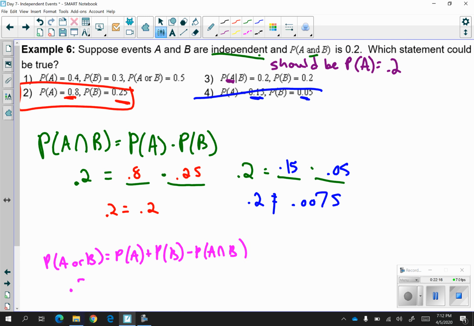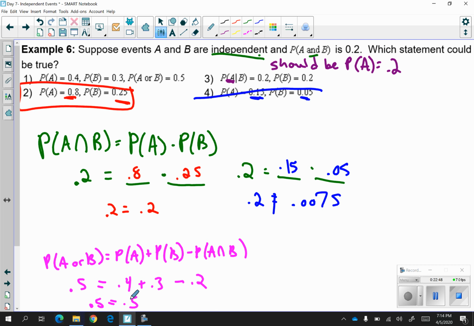The OR probability is 0.5, A is 0.4, B is 0.3, and we have that and is 0.2. So you might be thinking that yes, 0.5 is equal to 0.5, and that's great because it works out.